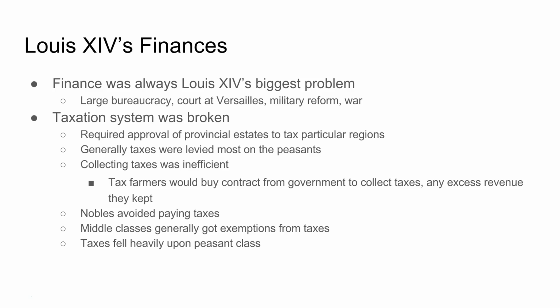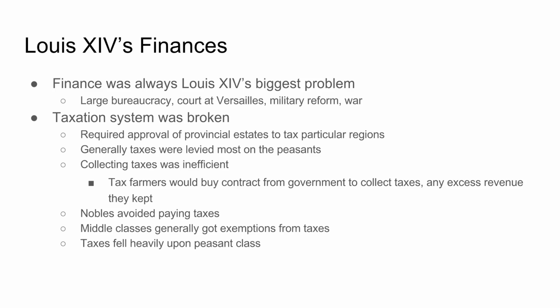On top of that, there are just never-ending financial problems. And although Louis tries to fix it, this rears its ugly head again in the late 1700s with the French Revolution. But the method of collecting taxes was inefficient. What would happen is the government would sell tax contracts. So if you wanted to collect taxes in a certain region, you would bid on that.